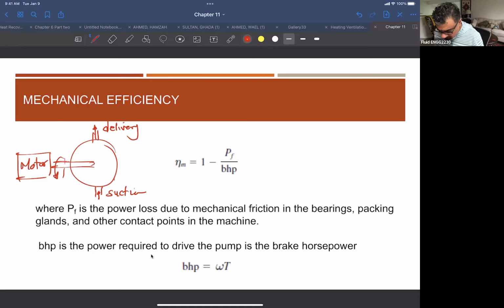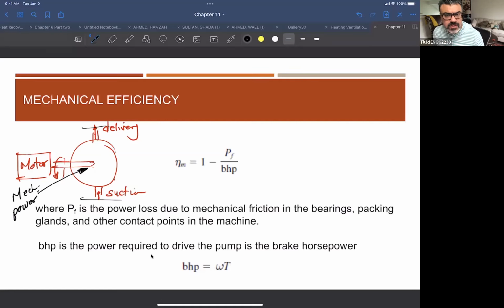The motor is adding mechanical power. You are adding this mechanical power in the pump in order to make this flow energy, or the power of the pump.